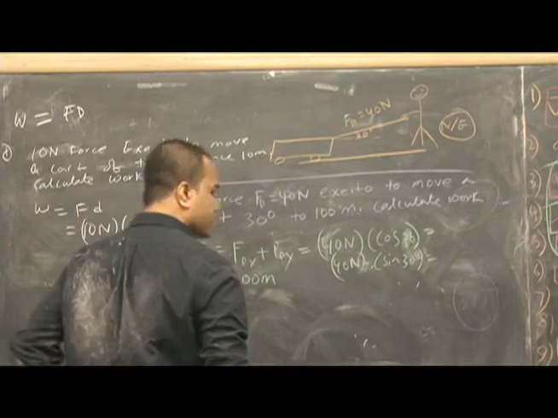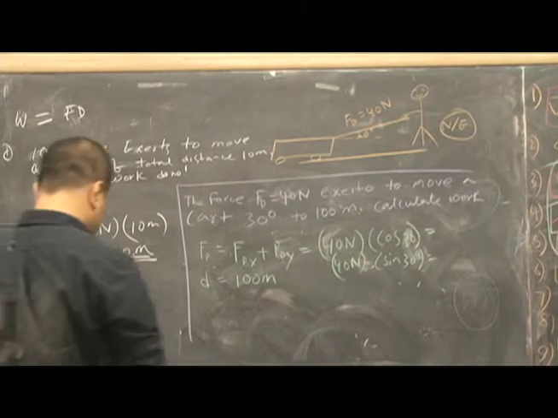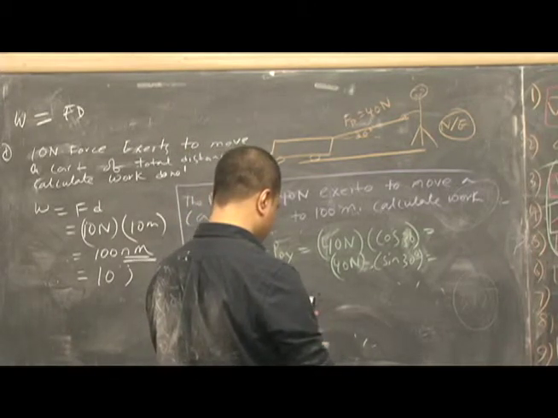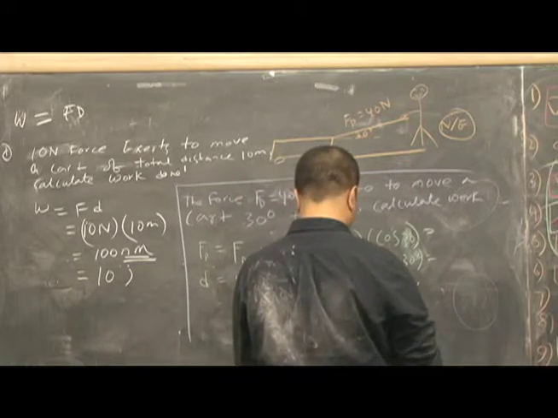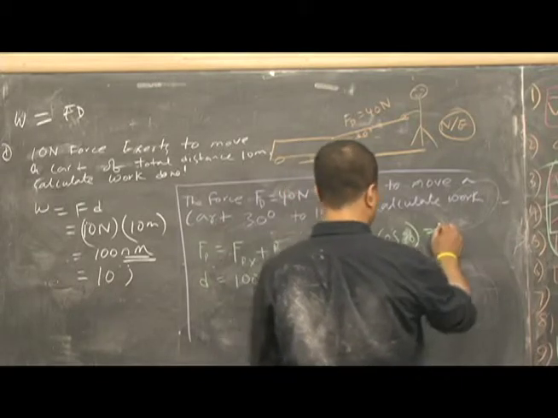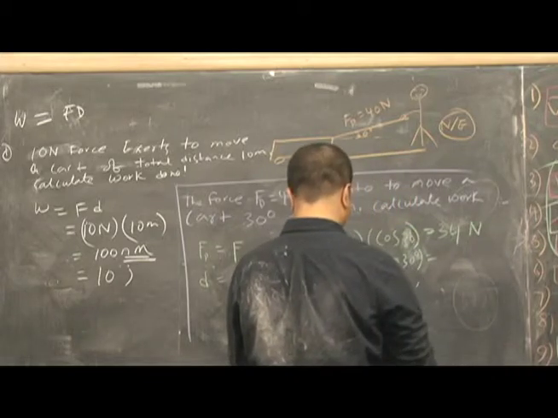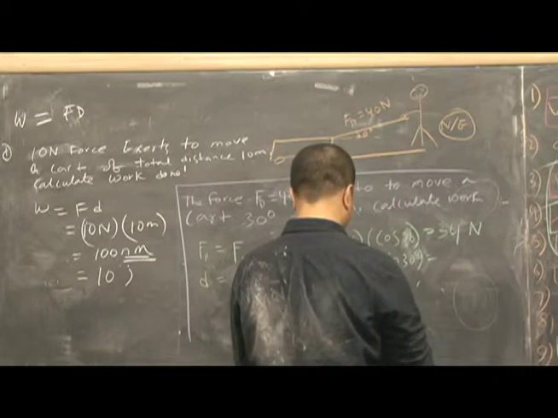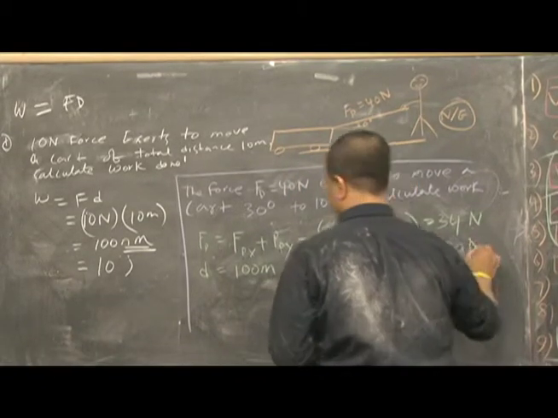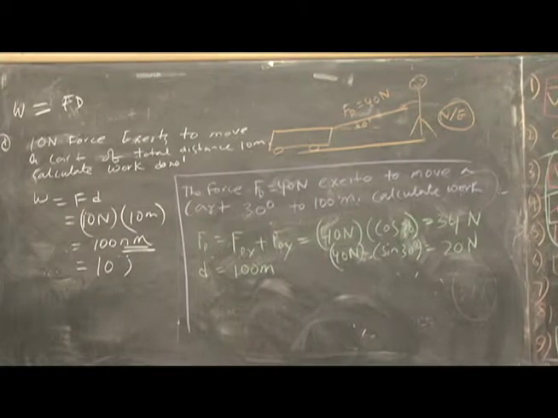So 40 times cosine 30 degree is 34 Newton, and 40 times sine 30 is actually 20 Newton.